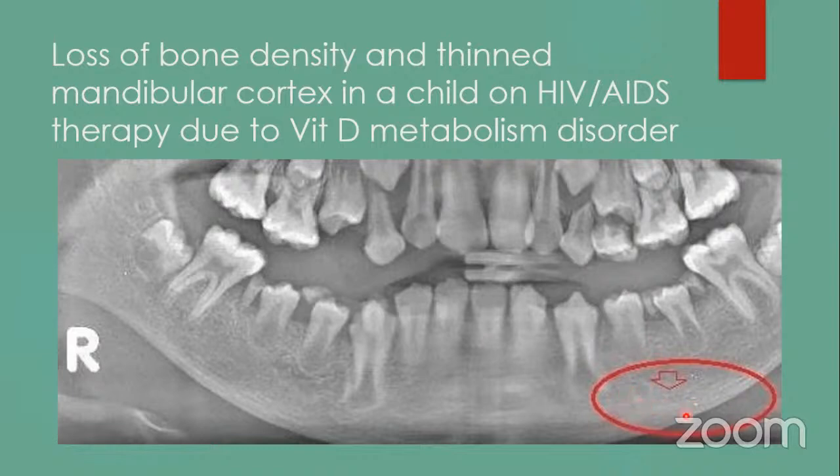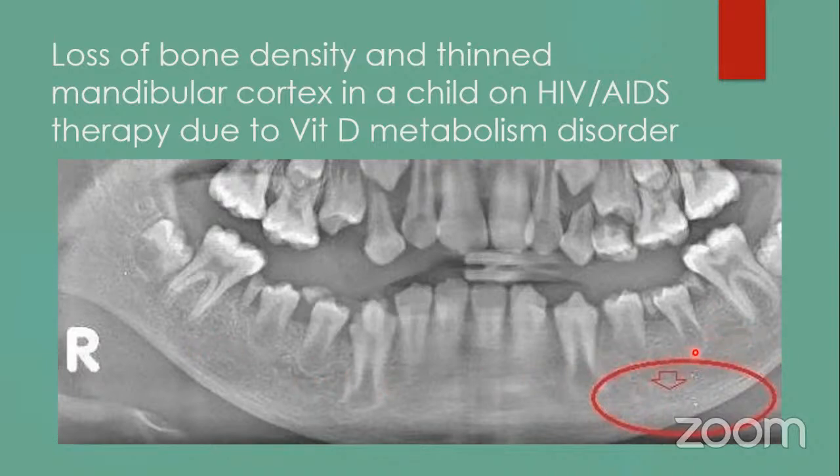Looking at this one, you can appreciate that we can't actually see the mandibular cortex, the inferior border of the mandible. We can't see the cortical bone. It almost looks the same as the rest of the bone, and the rest of the bone is looking more radiolucent.